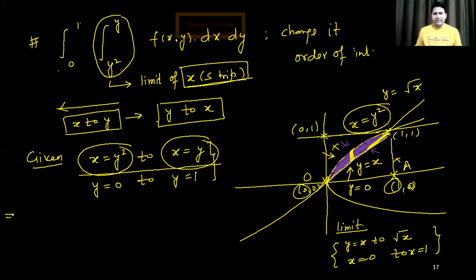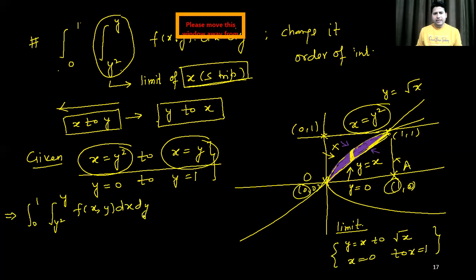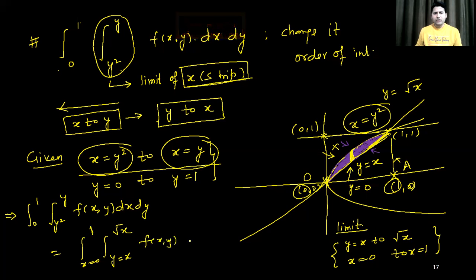So the given integral, integral 0 to 1, integral y square to y of f of x comma y dx dy, will be equal to integral x equals 0 to x equals 1, y equal to x to root of x, of the function of xy, in the new order dy dx. Now you can see the order of integration is changed for the problem.